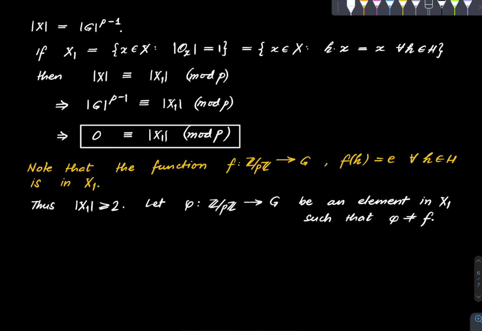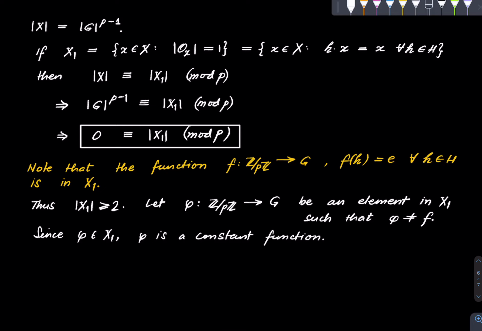Right? Since X1 has at least two things, you can choose something that is not equal to this thing. But since phi is in X1, phi is a constant function, which means it takes only one value.